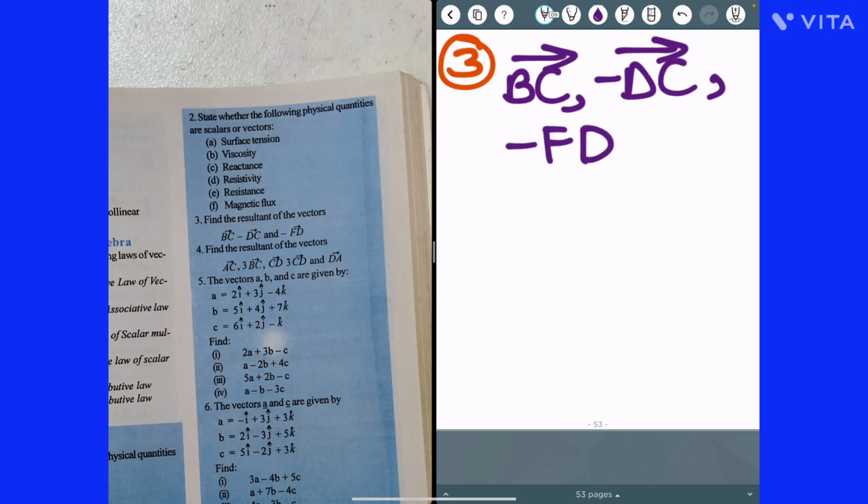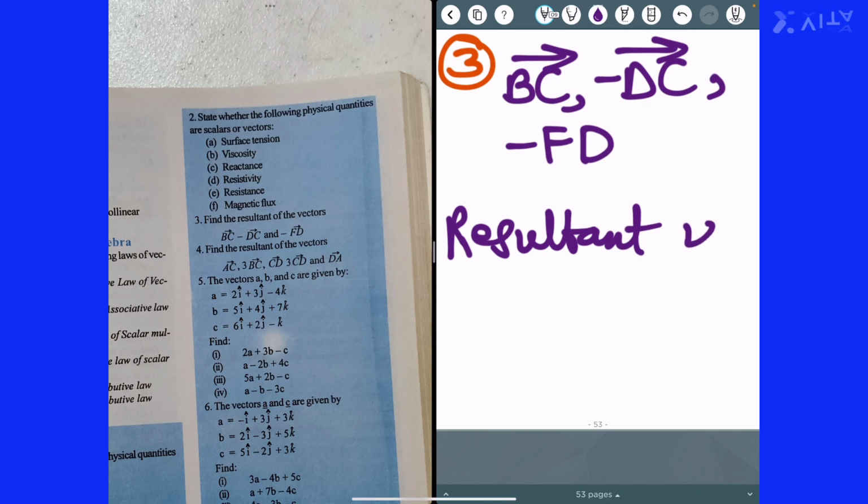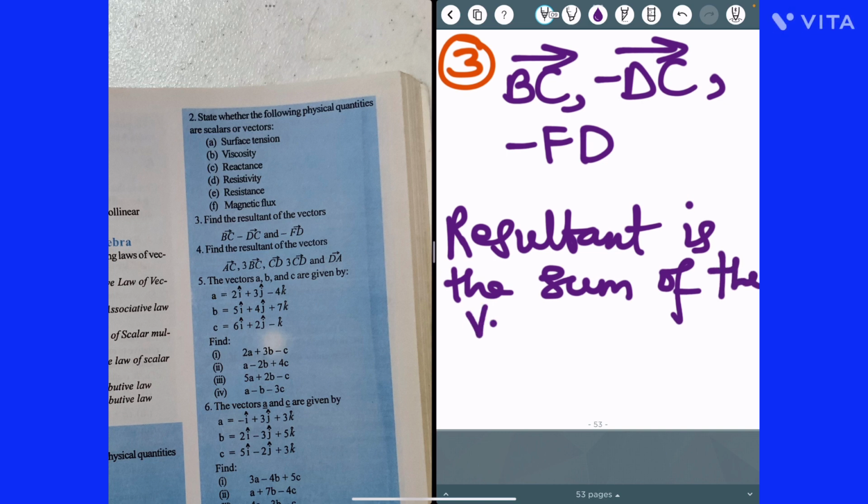If I align my letters, starting from B to C, that's BC plus, if I'm looking for the resultant, that means I'm adding everything up. The resultant is the sum of the vectors.